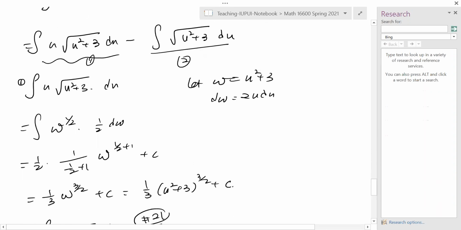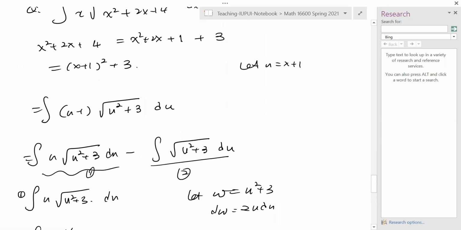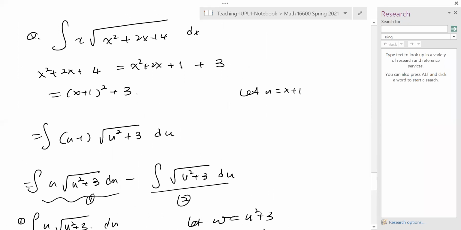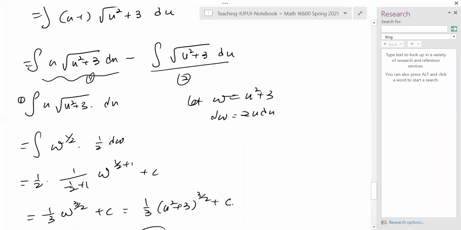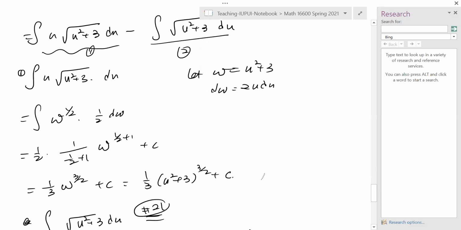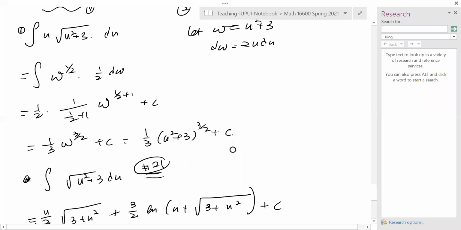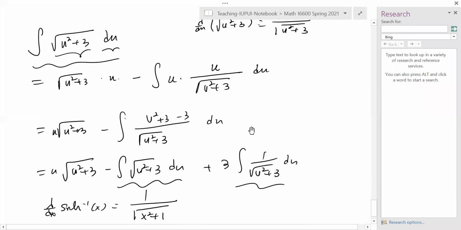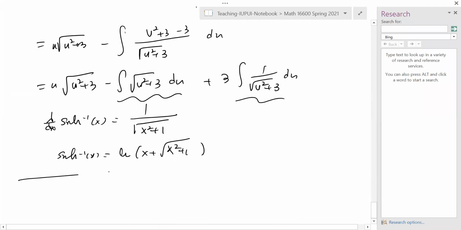And then I have to replace u by x plus 1. Okay, then you get the right answer. Then you get a complete solution. So don't forget to express the function in terms of x.